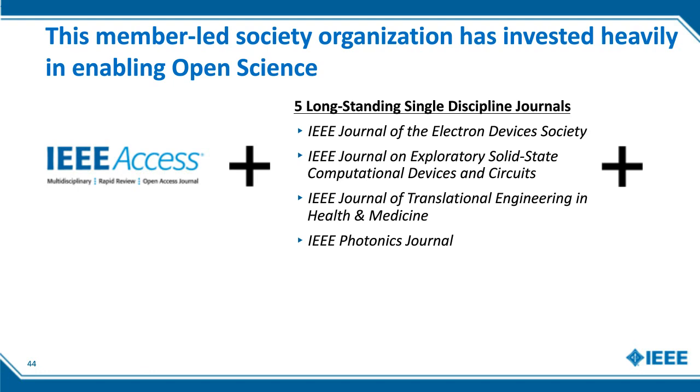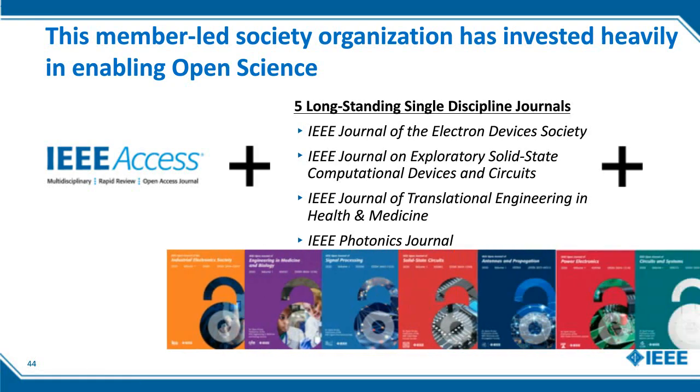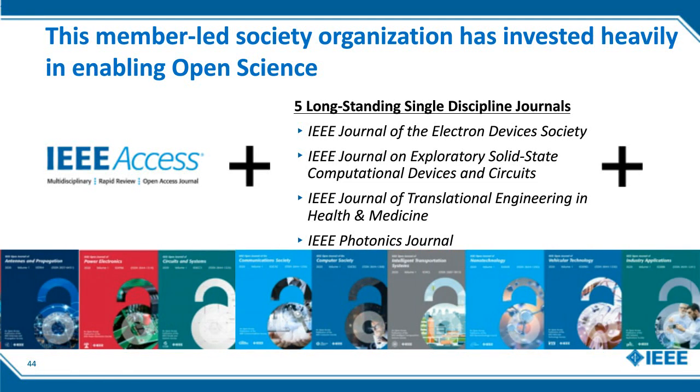We have had IEEE Access and 5 long-standing single discipline journals in open access, and we've also added 15 new open access journals, actually 16 now, and it continues to move very quickly.